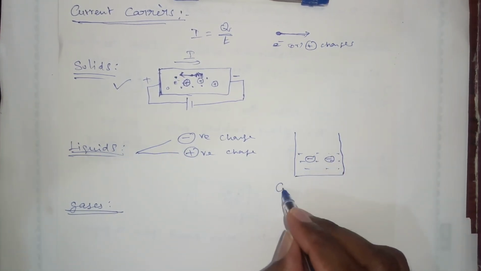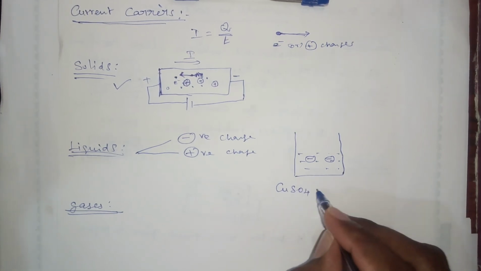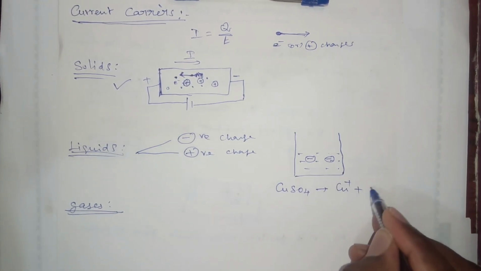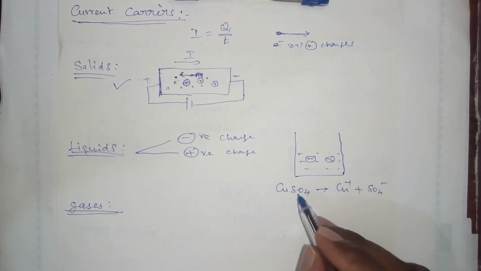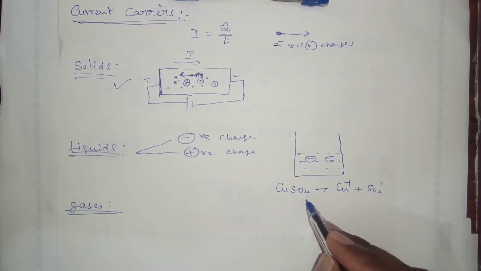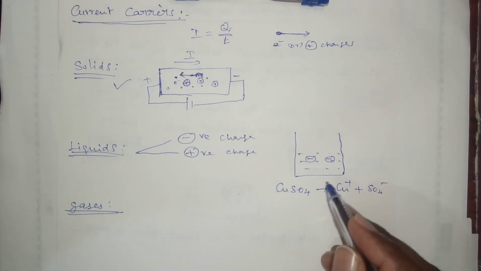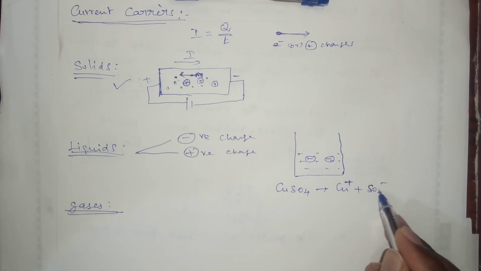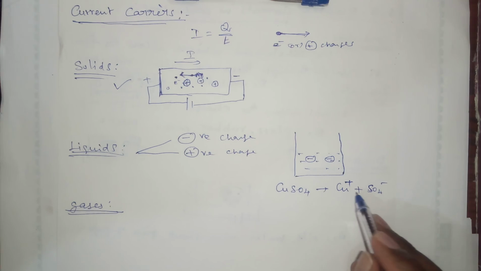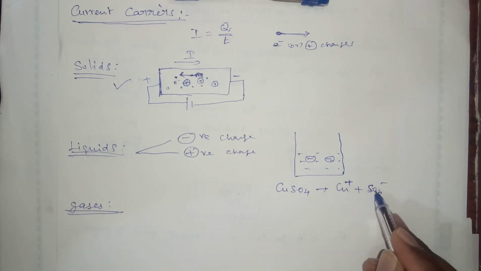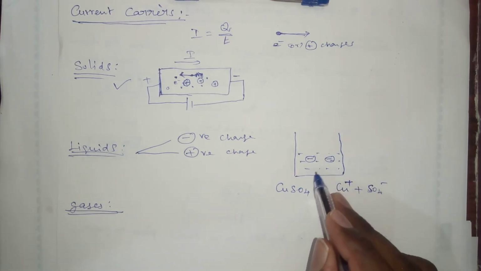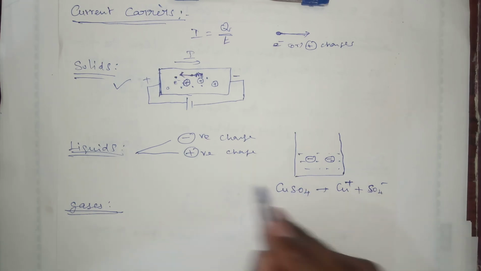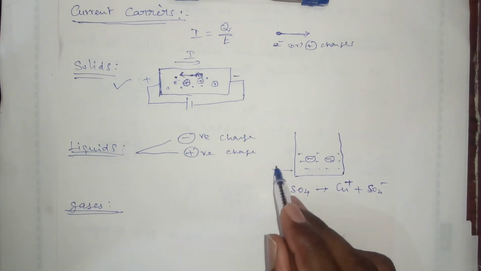If you take copper sulfate, here Cu plus and SO4 minus, it is an ionic salt. When dissolved, it is taken in aqueous form. So the copper positive ions and the sulfate negative ions will be there. Both the positive and negative ions will contribute to the current. So that is the case of liquids.